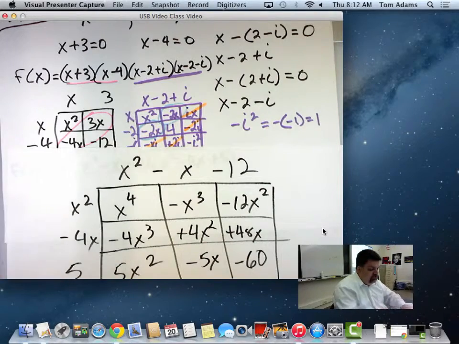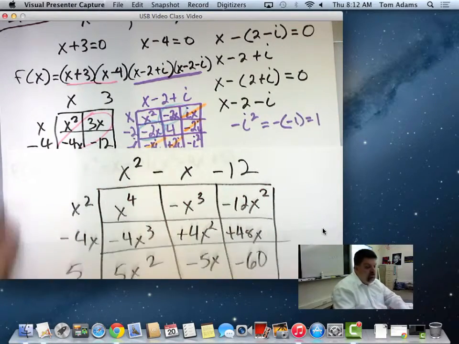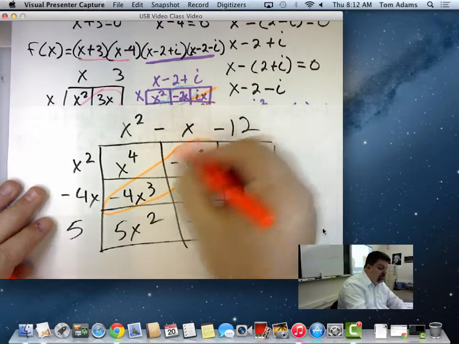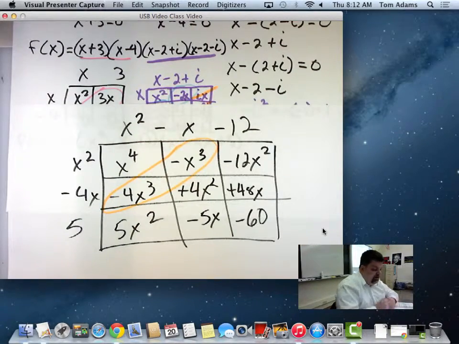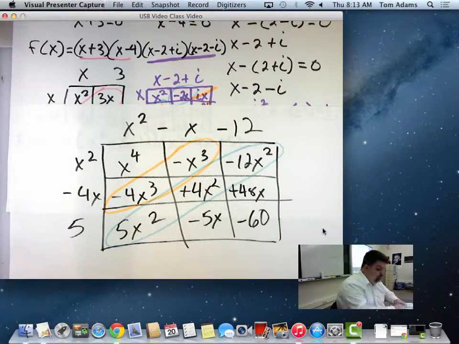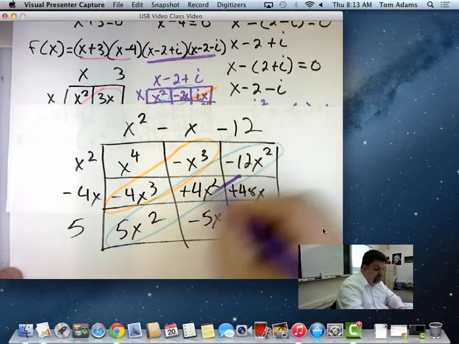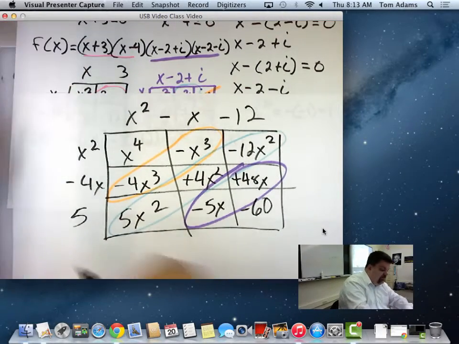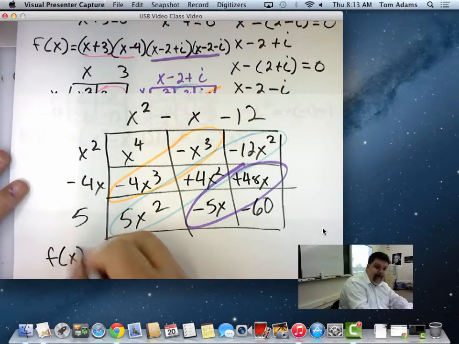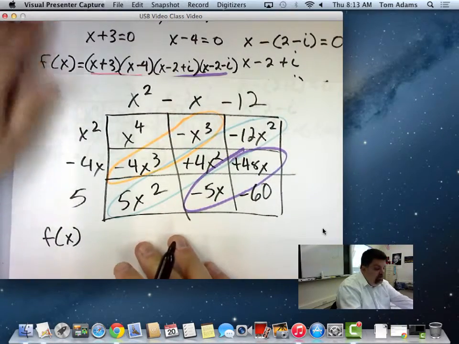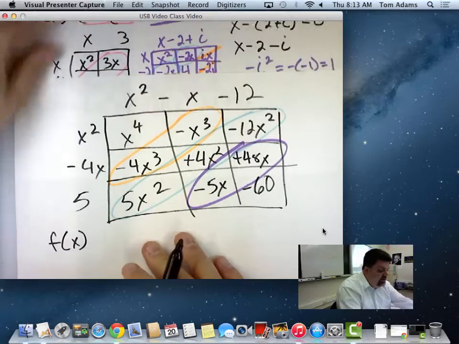Now usually if both polynomials are written in descending order, you'll see a pattern of the like terms showing up in the diagonals of the grid. And so we just need to combine those. And so what I should end up with is that my f of x, which was all this stuff up here, then became all of this stuff right here.